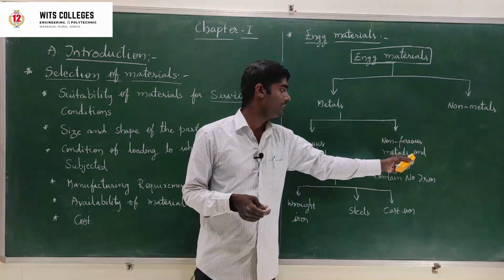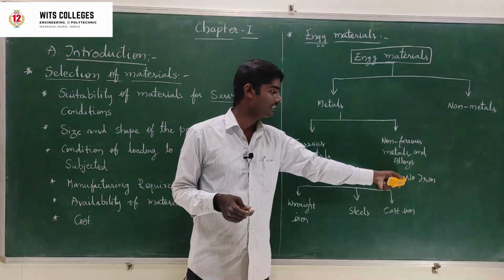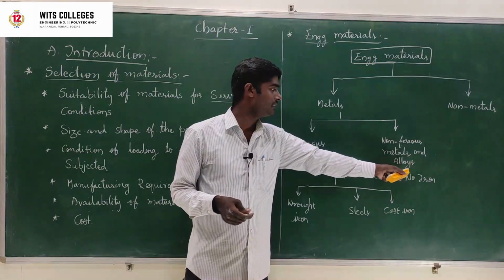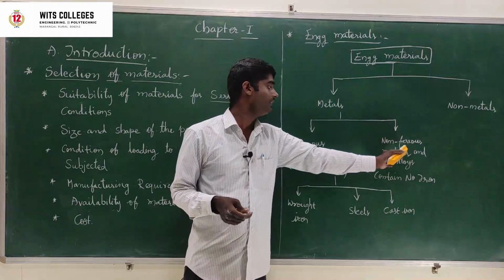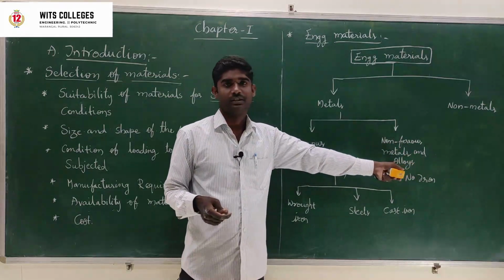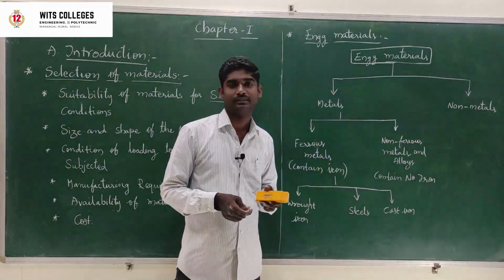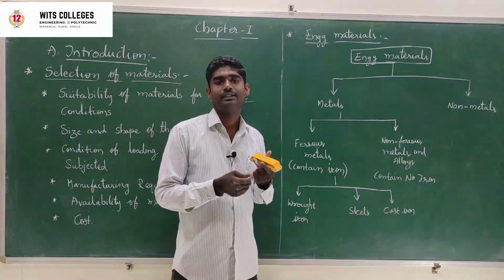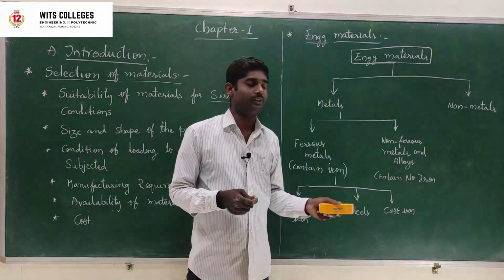Next, non-ferrous metals and alloys. In non-ferrous metals there are no iron particles. That is called non-ferrous metals and alloys. For example, copper is a non-ferrous metal. It does not contain iron particles.